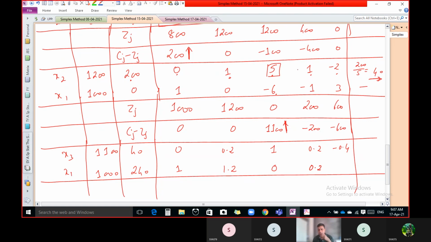So we get only positive 0.2. Now this 3. 3 minus what? Minus 2 into minus 6, so we get plus 12. 12 divided by 5 is 2.4. So 3 minus 2.4, we get 0.6.